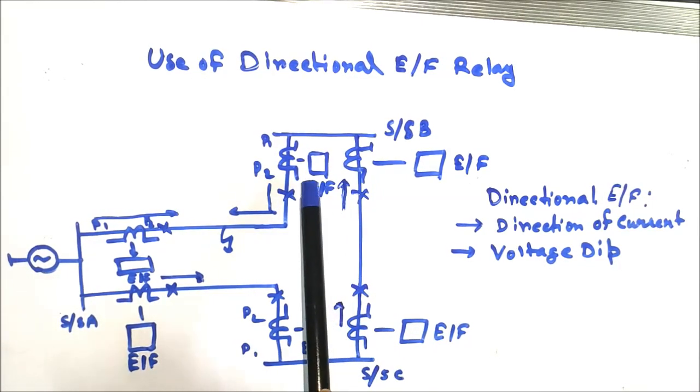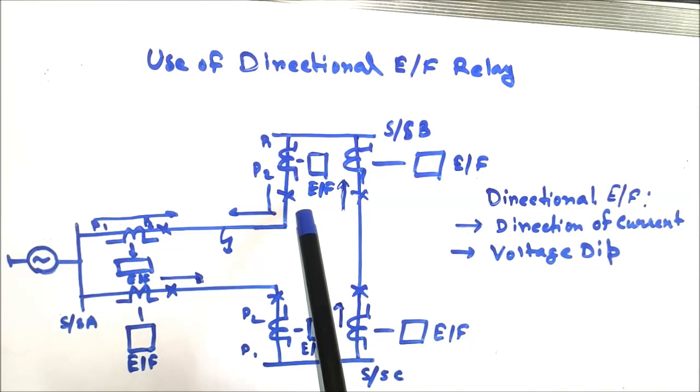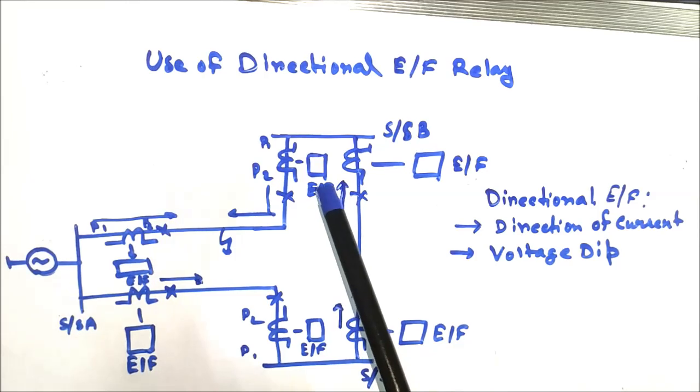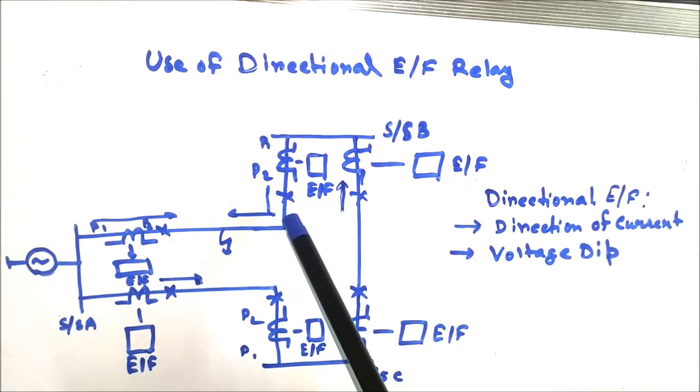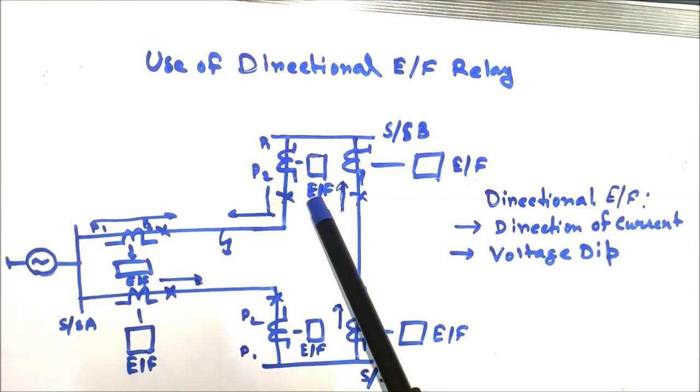The residual voltage is obtained from the PT secondary connected in open delta fashion. So the open delta voltage will be the sum of the three phase voltages, that is VR plus VY plus VB. Here the red phase voltage is 0, so it will be the sum of the VY and VB voltages, and therefore this relay will actuate based on the voltage dip and residual voltage formation.